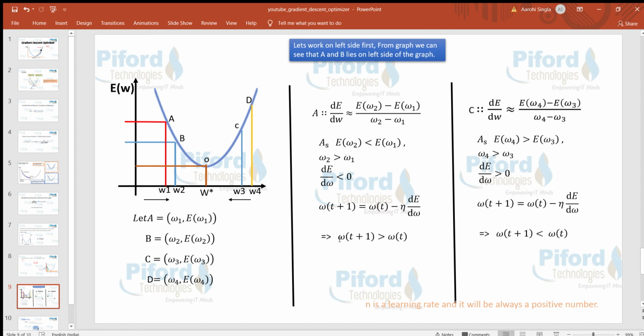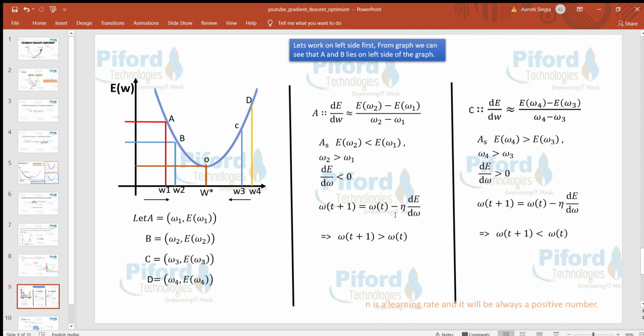That means the value of the new weight, w(t+1), will be a greater value than w(t). And how do we know this value will be greater? Because by solving this formula, w(t) minus this term, dE/dW is negative, and we have one negative over here, so negative becomes positive.